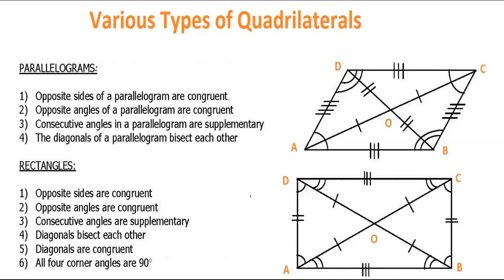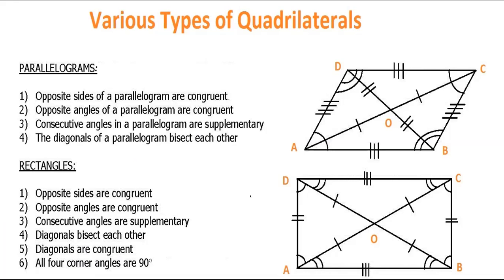Diagonals are congruent. This is a different property from the parallelogram. In a parallelogram, diagonals are not necessarily equal, but here diagonals are congruent. It means diagonals are equal in length. BD and AC are equal in length. Also, AO is equal to BO is equal to CO is equal to DO, because diagonals bisect each other.